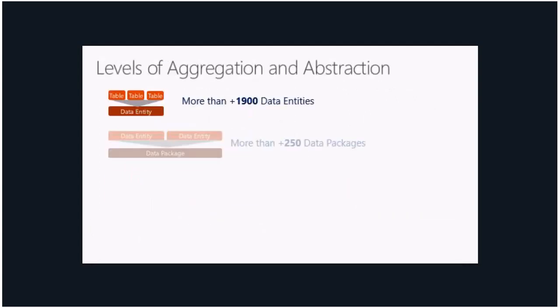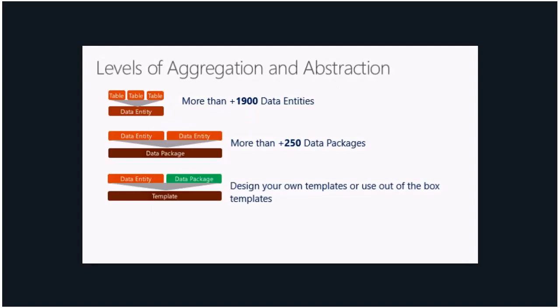Let's look at how this looks in the different strategies that we have been following. Well, I just explained data entities. They can handle different tables behind the scenes. It's an encapsulation. And we started early with an important number of data entities, and we keep investing in this, creating more and more data entities as we continue providing new releases.